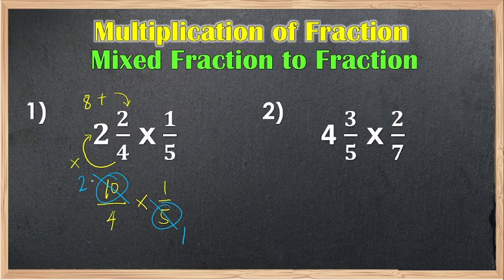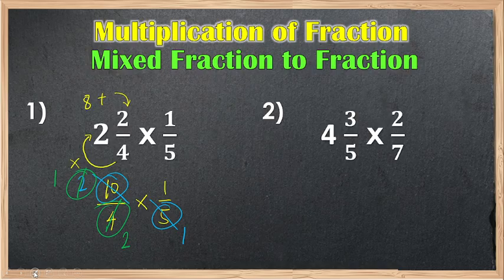Now we have 2 over 4 times 1 over 1. Is there any number again that has a common factor diagonally or vertically? Yes, there is. The common factor of 2 and 4 is 2. 2 divided by 2 is 1. 4 divided by 2 is 2.